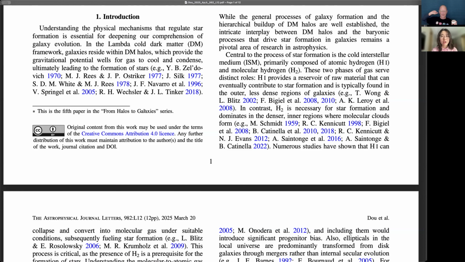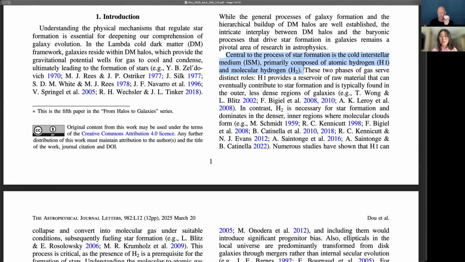So, our main motivation in this paper is to study how the dark matter halo influences the baryons in the galaxy. Star formation is known to link with the cold ISM, mainly composed of atomic hydrogen, H1, and molecular hydrogen, H2. The H1 gas is more likely to serve as a raw material for star formation, so it's a gas reservoir.